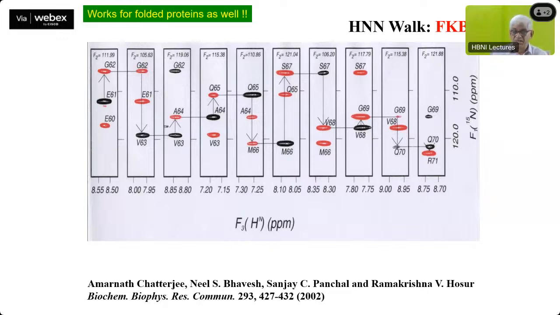This is an experimental spectrum. This is such a beautiful spectrum of FKBP, and you walk, and this is only the F1, F3 connections. You go through the F1, F3 connections here. Okay, start from here, R71, Q70.